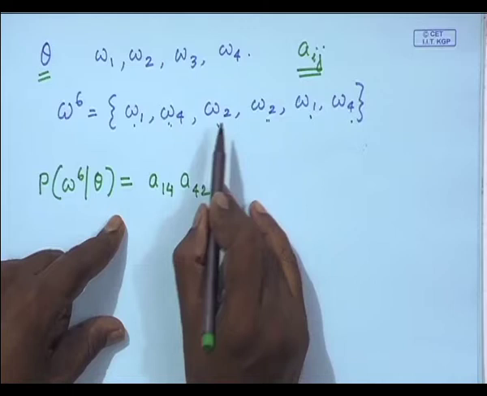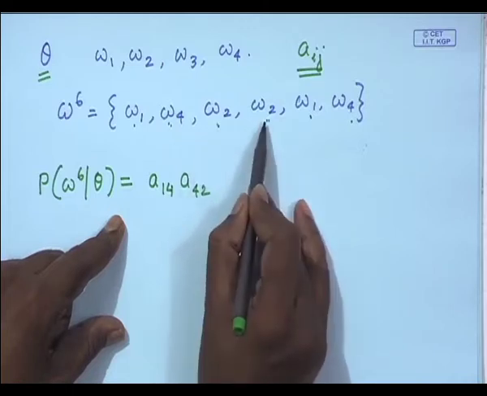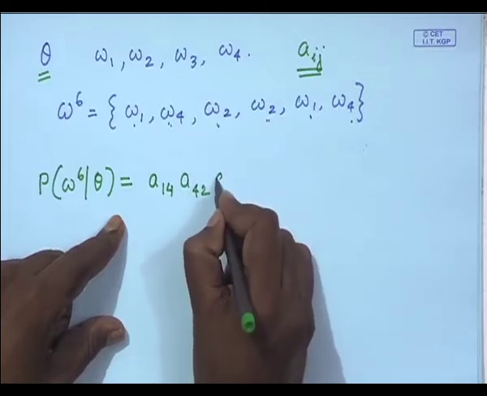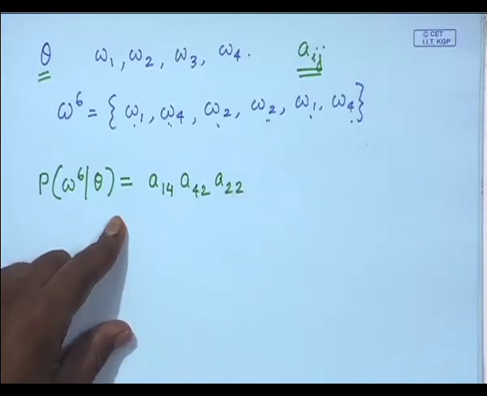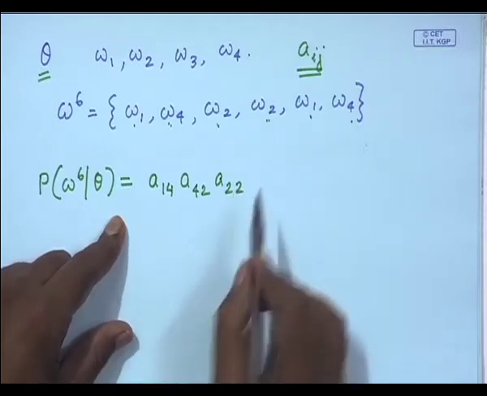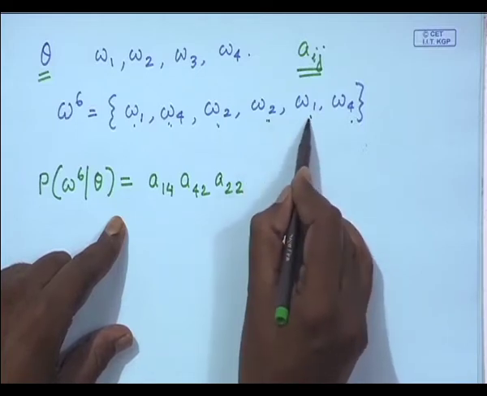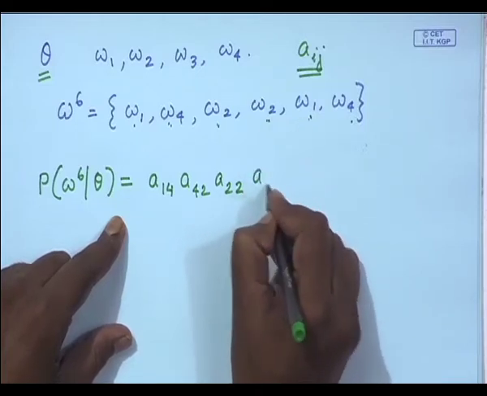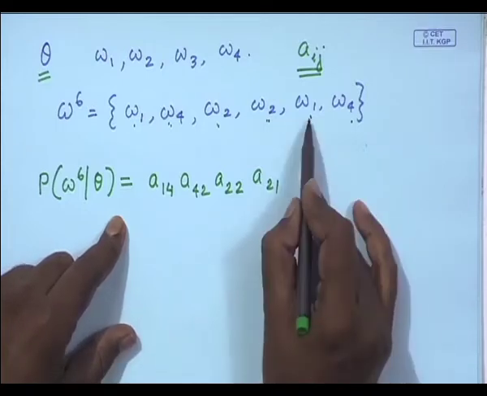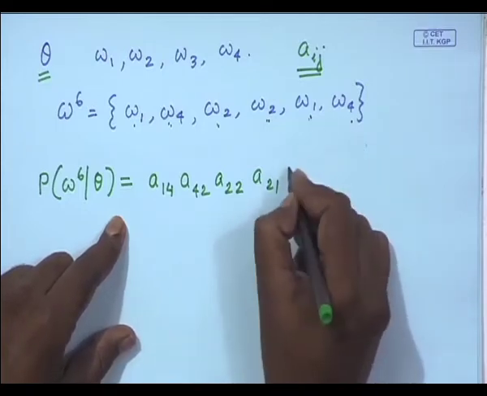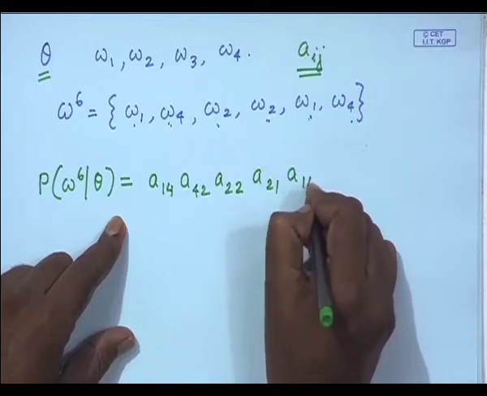Then the probability of transition from omega 2 to omega 2 itself, so I have A 2 2. Then from omega 2 to omega 1, which is A 2 1, and then the probability of transition from omega 1 to omega 4, which is A 1 4.